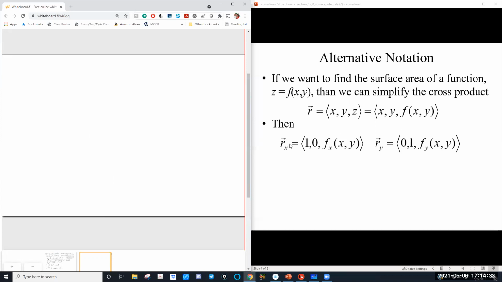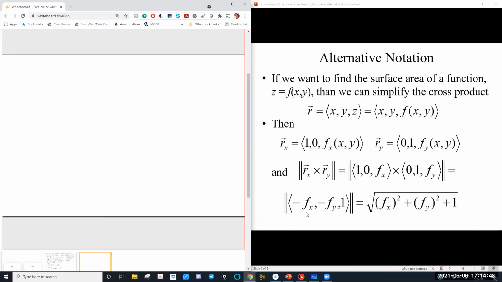Then if we did r sub x and r sub y, we would get the following. And then when we do the cross product, this is just the derivation, this is not something you guys have to do, the magnitude of the cross product actually boils down to just the square root of f sub x squared plus f sub y squared plus 1, which you probably saw in the video.